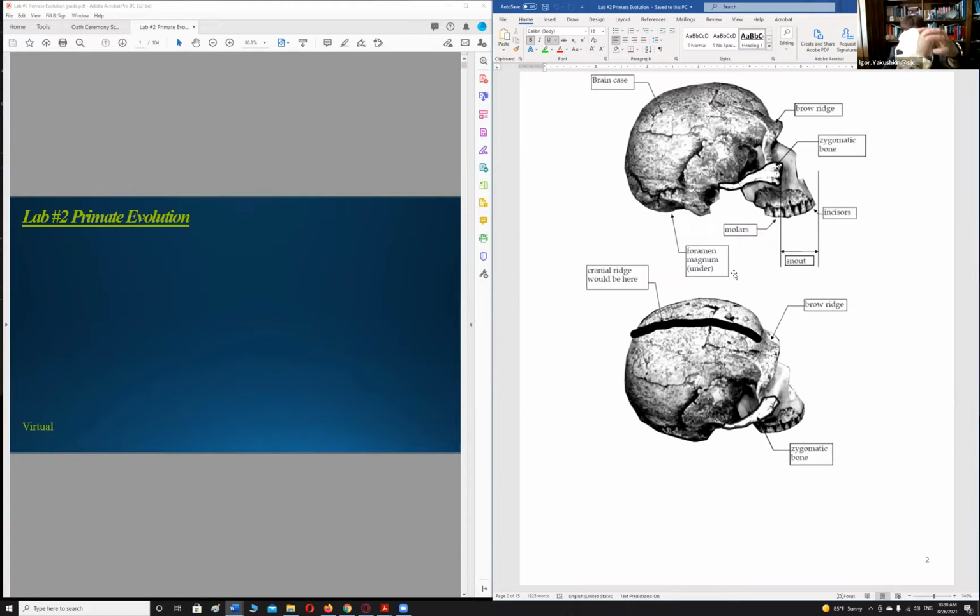Here we have the sagittal crest, the zygomatic bone, or zygomatic arch. Look, the skull is much smaller, but the zygomatic arch is much bigger, meaning more muscles were coming through that arch. And then, of course, a very prominent brow ridge. So: sagittal crest, brow ridge, zygomatic bone, and now the snout.